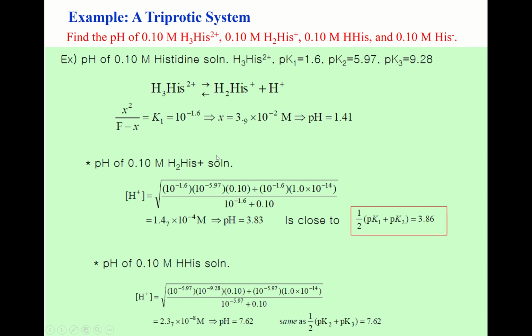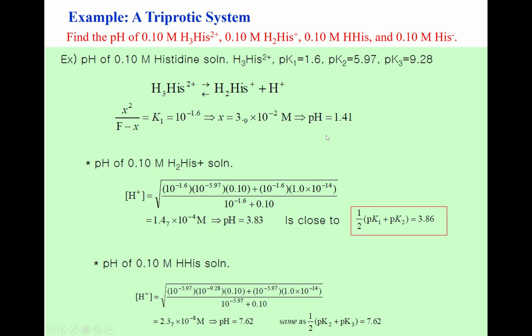Since the pK values are quite different, you don't need to consider further dissociation. We only consider the first dissociation, which is K1, 10 to minus 1.6. We solve this quadratic equation for proton concentration. Quite simple. Proton concentration is 3.9 times 10 to minus 2 molar. So pH equals 1.41. Very simple.